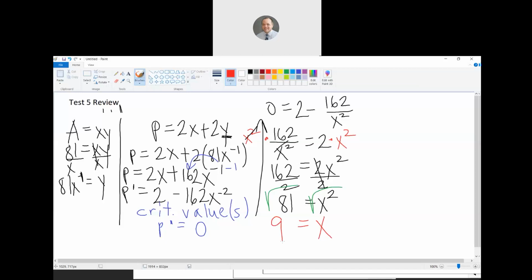We need to find the other side, whether that's the length or the width. I'm using this equation over here: 81 over x equal to y. To find the other side of our rectangle, just plug in 9 for x. Therefore, our other side is also 9.